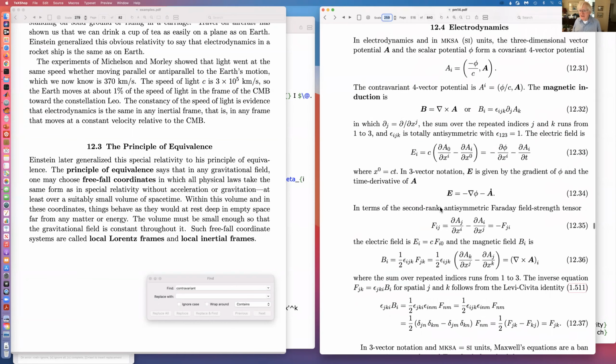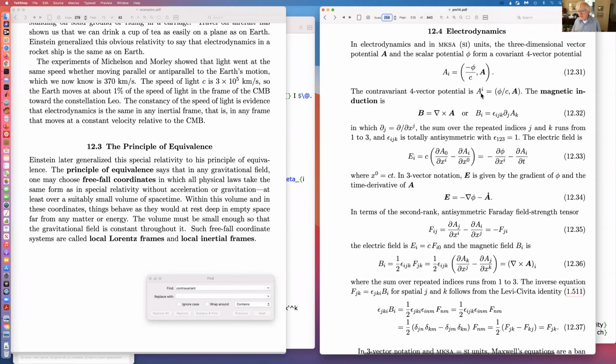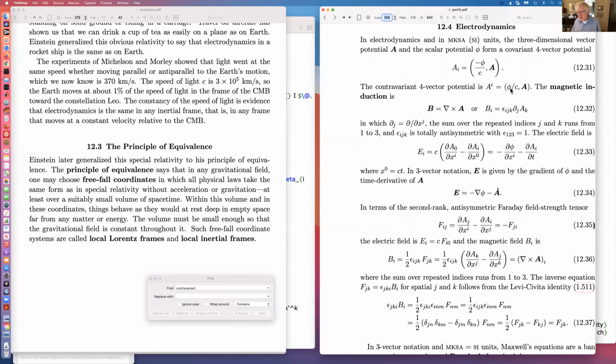What is A? A is either the 4 vector, the electrostatic potential over C and then 3 vector A, or it's equivalently just the 3 vector A. So there are two different things A stands for in electrodynamics, either the space part of this 4 vector or the whole 4 vector.